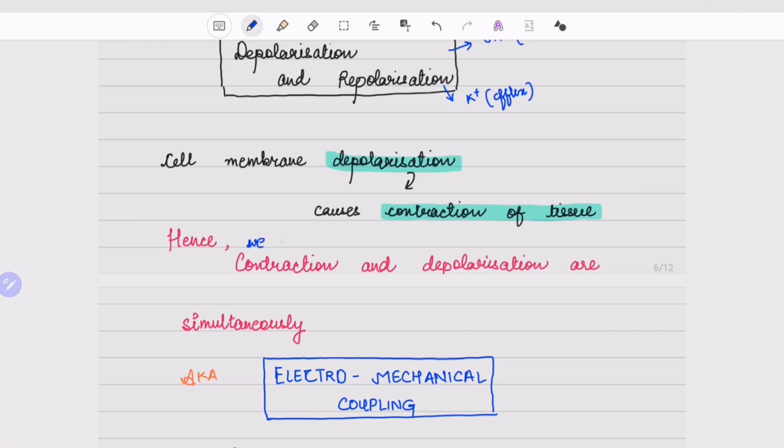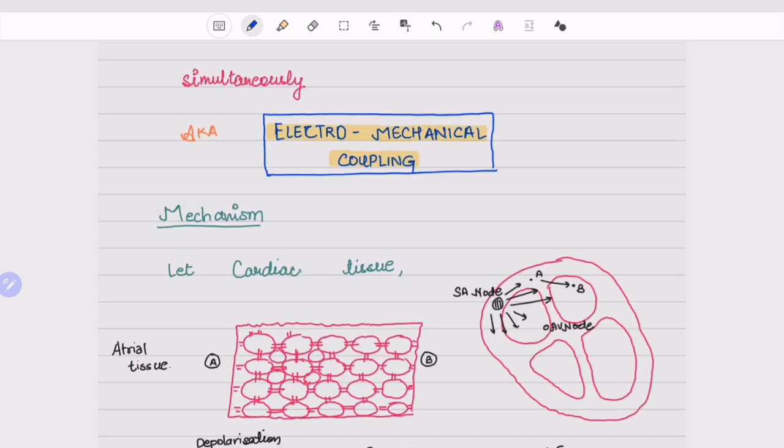Hence we can say that contraction and depolarization occur simultaneously, as depolarization reflects the contraction, and this depolarization is shown in the ECG machine. So this is also known as electromechanical coupling, as the electrical part is the depolarization, whereas the contraction is the coupling part.